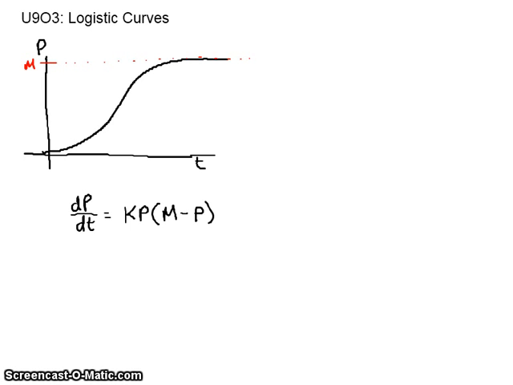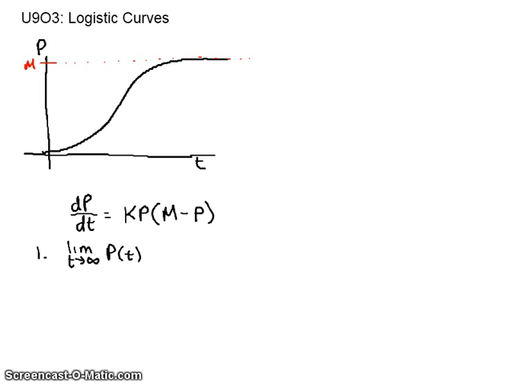The AP is going to ask you one of two things about logistic curves. One, they're going to ask about the limit as t approaches infinity of P of t. So that's the function, that's not the differential equation.